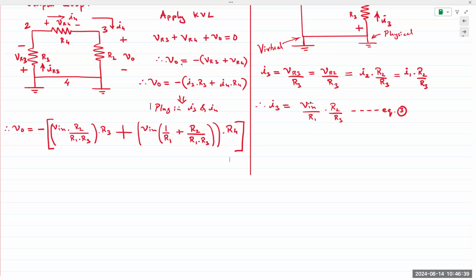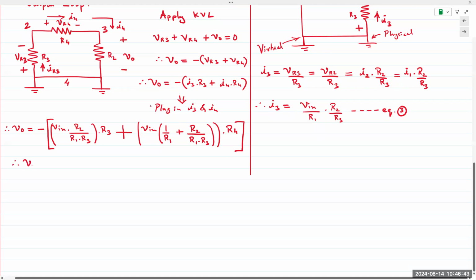So let's bring V in outside. And I can write VO is equal to minus V in times R3 and R3 cancel out from the first term. So I have R2 over R1. And then here, a little bit more complicated.